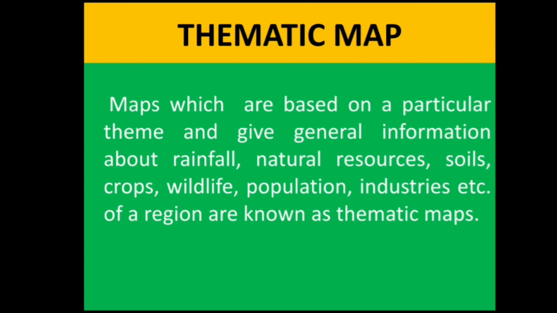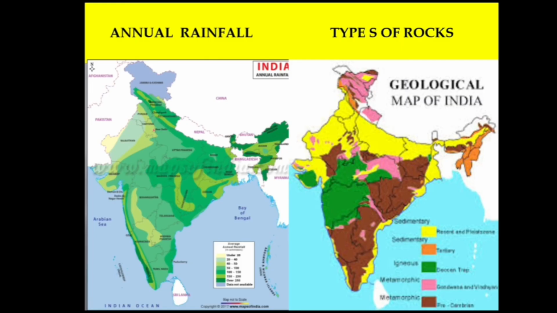Now thematic map. Thematic maps are based on a particular theme, which gives us general information about climate, natural resources, soil, population, industries, wildlife, crops, and so on. Like here you can see this is the map of annual rainfall of India.